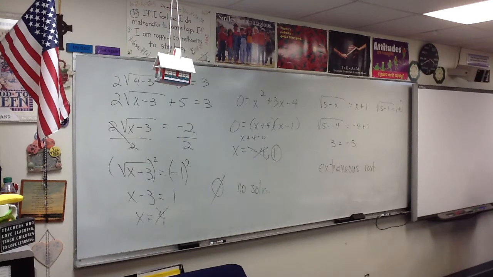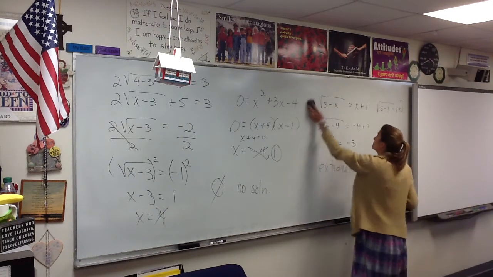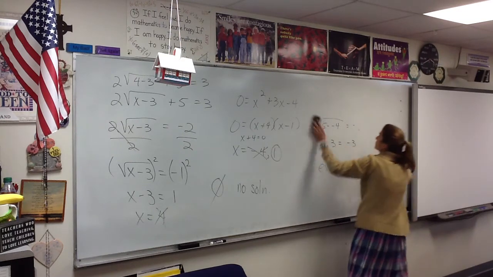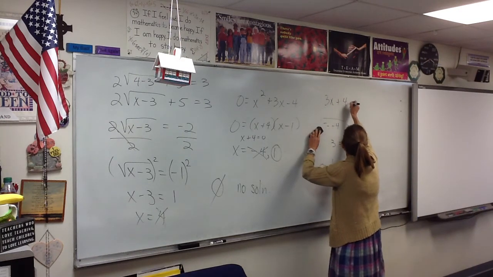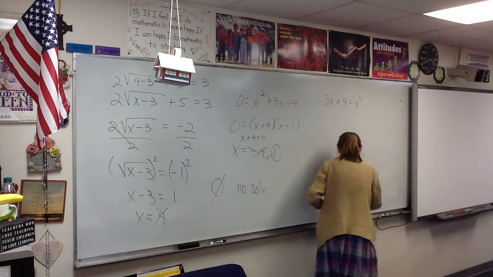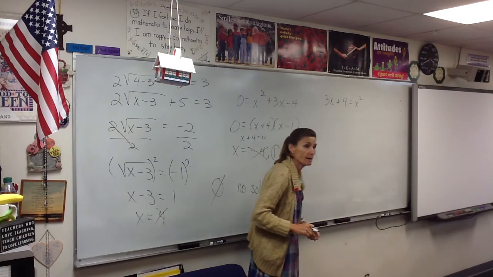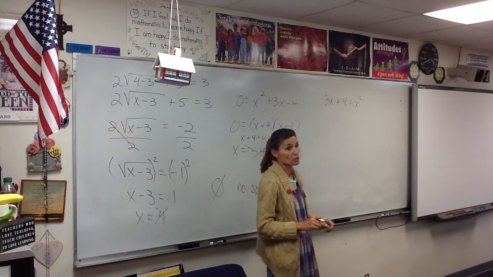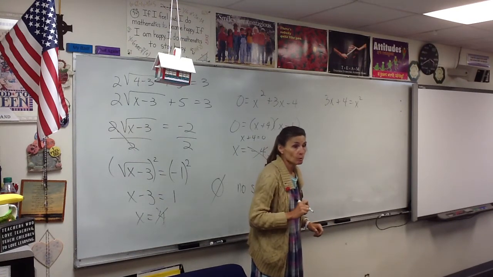Okay, it says use the quadratic formula. 3x plus 4 equals x squared. So, how do we have to start this? Please do not jump in with your quadratic formula until you set it equal to 0.